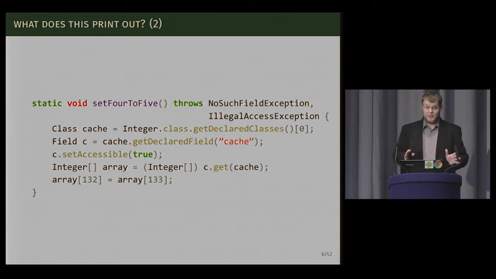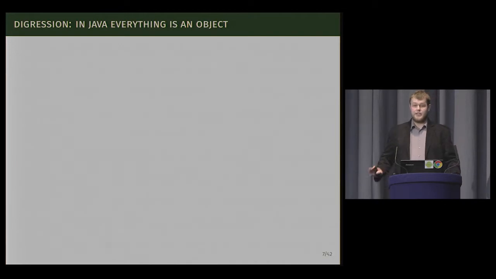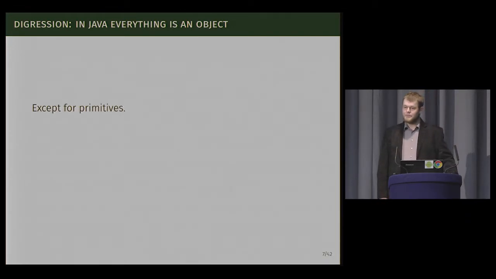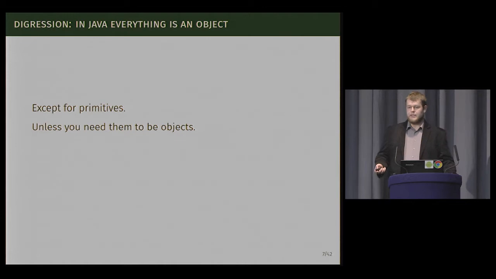OK, before I explain what happens here, let's have a short digression. As you probably all heard, everything in Java is an object, except for primitives. Well, unless we want those primitives to be objects, then we can make them objects. Java introduced those wrapper classes like Integer, capital I Integer. But creating those objects around the primitives, that's called boxing, is expensive.